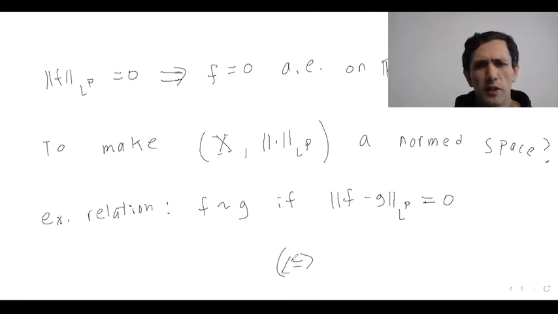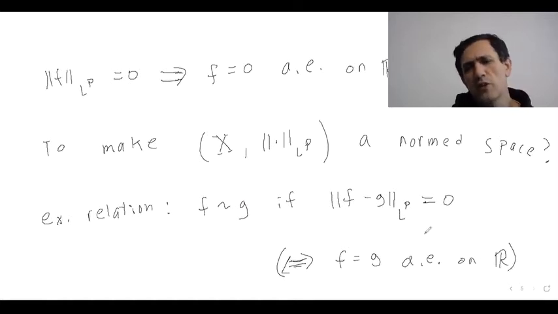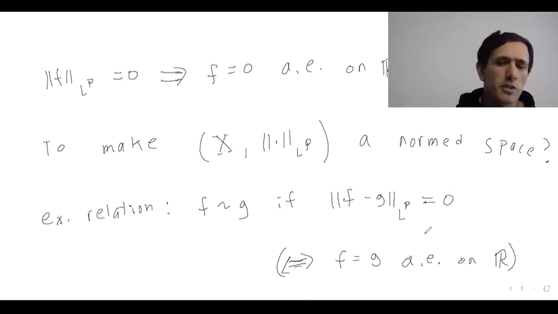Well, of course, you proved in 510A that this is equivalent to F equals G almost everywhere on R, or whatever measure space you're dealing with. If you're dealing with an arbitrary measure space, F equals G almost everywhere with respect to your measure.